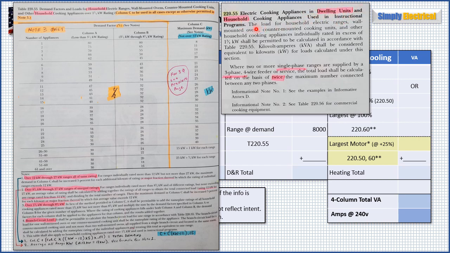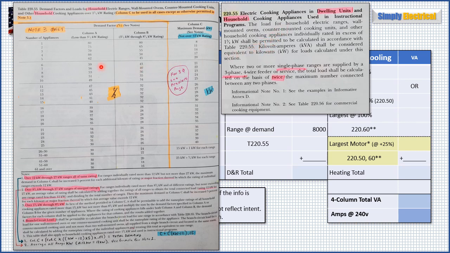It says the load for household electric ranges, wall-mounted ovens, counter-mounted cooking units, and other household cooking appliances individually rated in excess of 1 3/4 kW shall be permitted to be calculated in accordance with table 220.55. Again, they make a comment here that voltamps and watts are treated as equivalent in range calculation. So let's go to table 220.55.